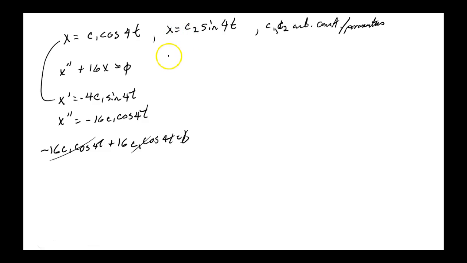Let's see if the second one works. X prime here is equal to, doing the second one here, 4 C2 cosine 4t, and x double prime would be negative 16 C2 sine 4t, and sure enough, you plug that into here, you get negative 16 C2 sine 4t plus 16 C2 sine 4t, that equals 0.